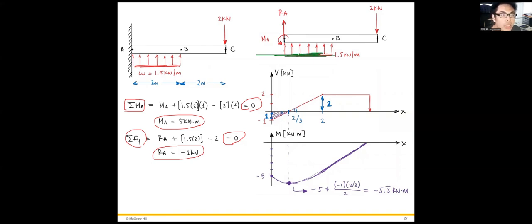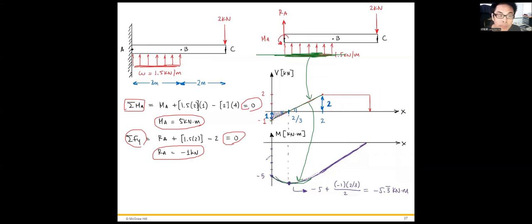And so we can take the integration of this distributed load and convert it to the shear force. Therefore, when this plateau is integrated, it will become a linear relation. And if we continuously take the integration of this linear equation, it will become a second order equation.